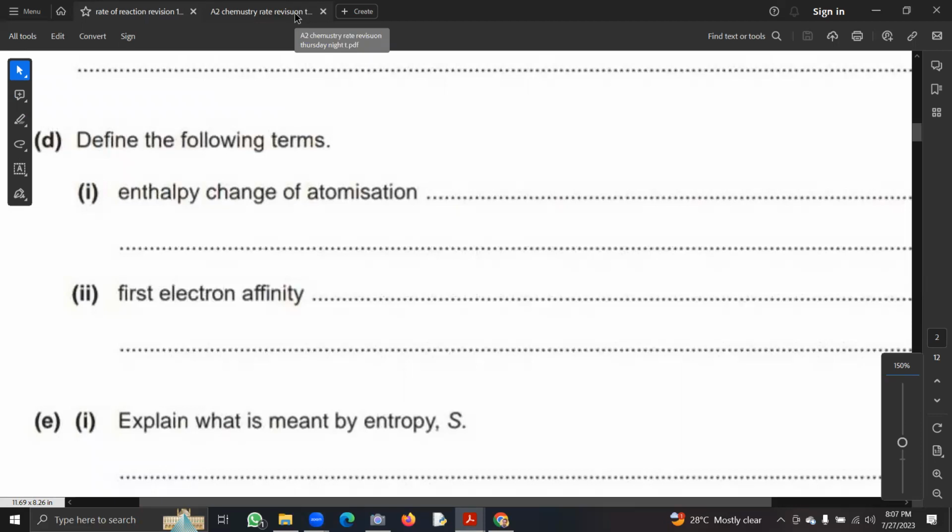It is the enthalpy change needed to form 1 mole of gaseous atoms from the element in its standard state, at standard temperature and pressure.